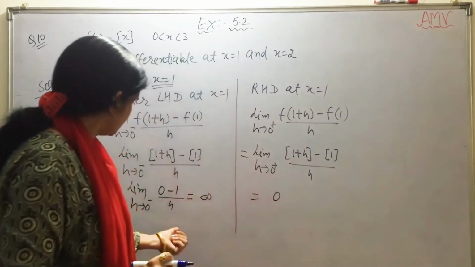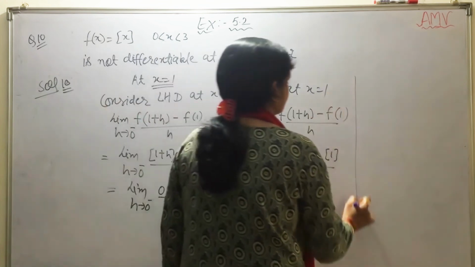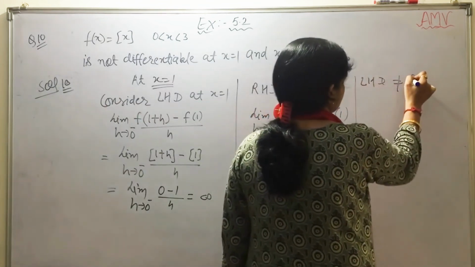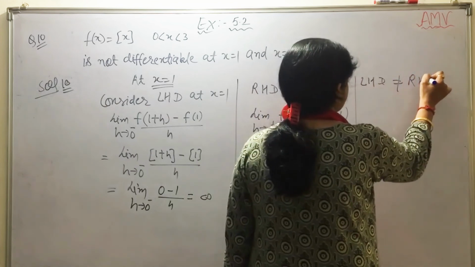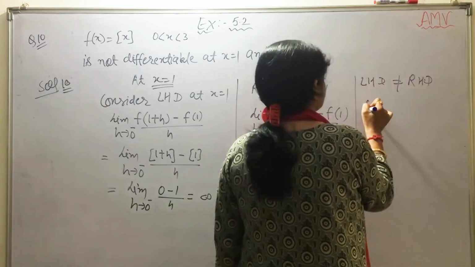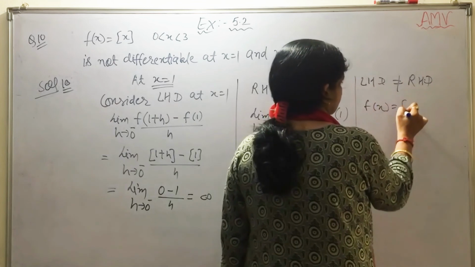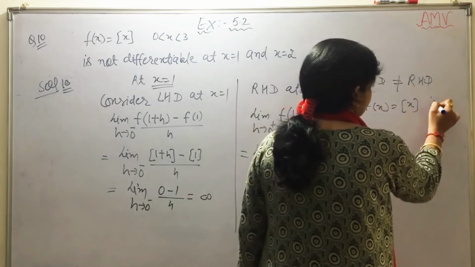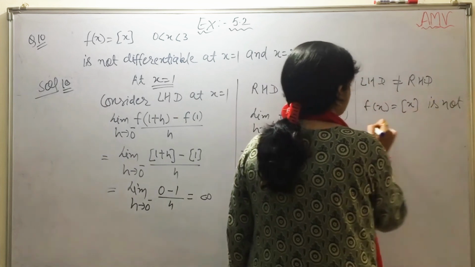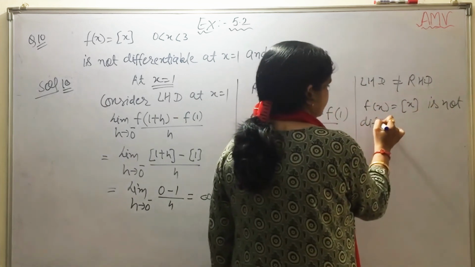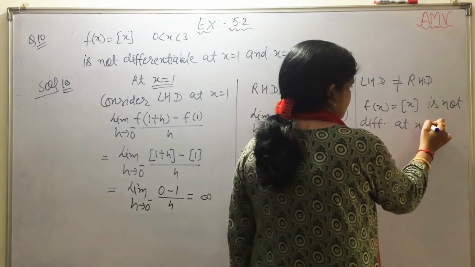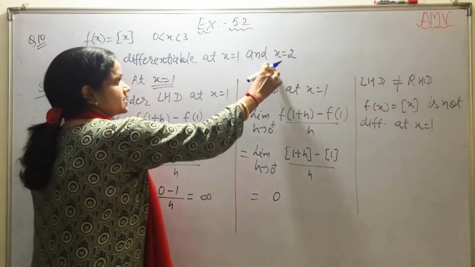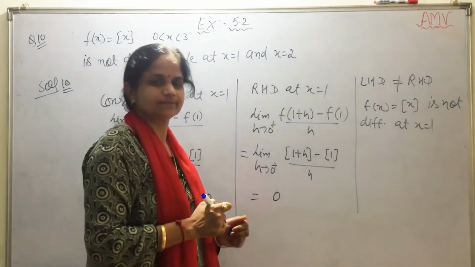Now see here, right hand derivative is not equal to left hand derivative. So f(x) is equal to greatest integer function x is not differentiable at x is equal to 1. Same as for x is equal to 2.